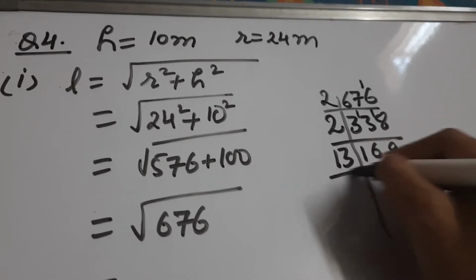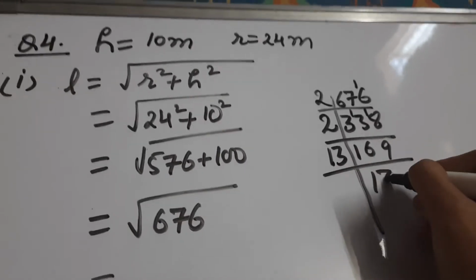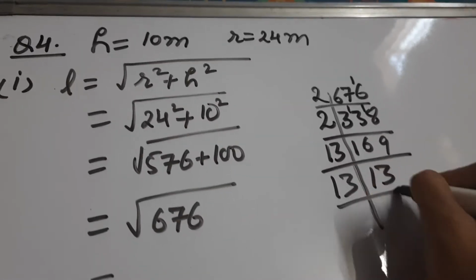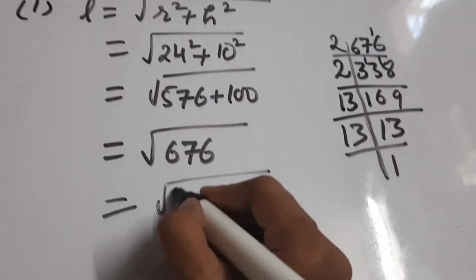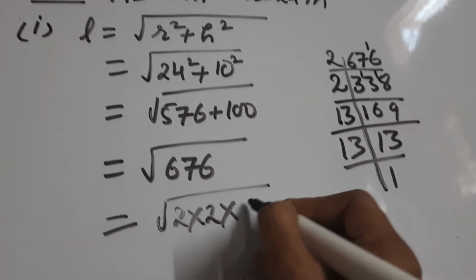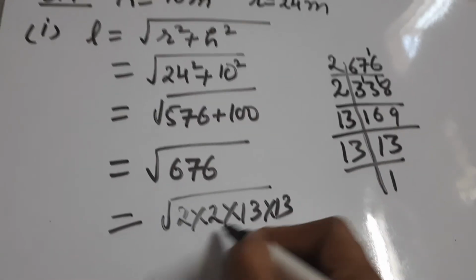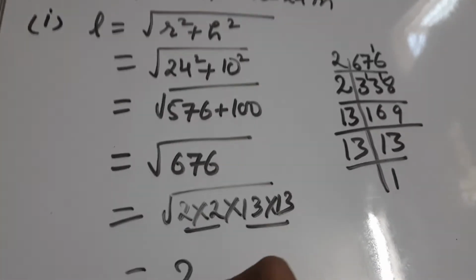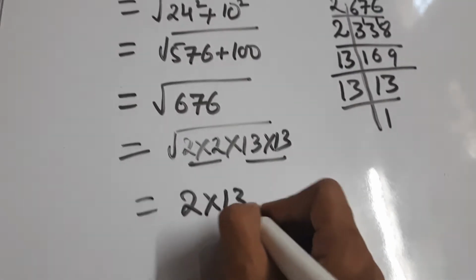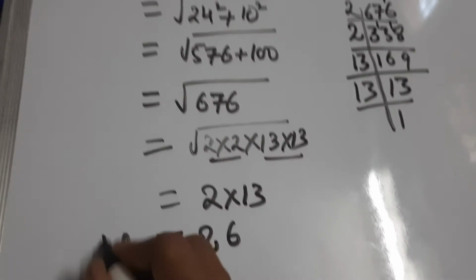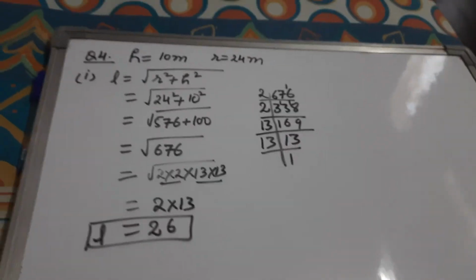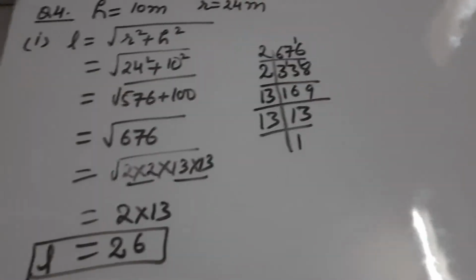It is square of 13. 13 thirteens are 169. So to solve the square root we need to write all the factors and make the pairs. One 2 will come out and one 13. So 13 twos are 26. So slant height will be 26, right?